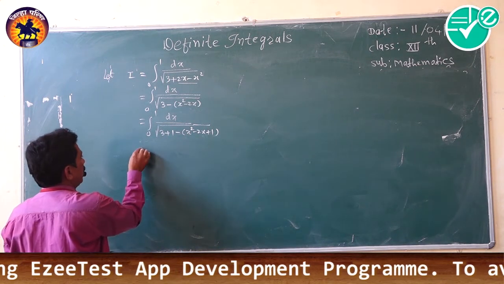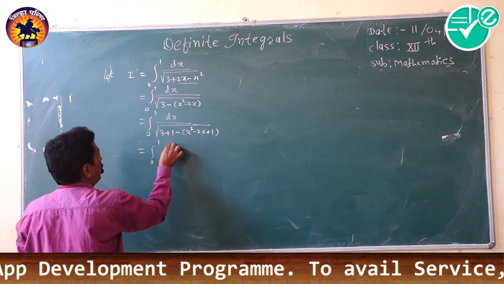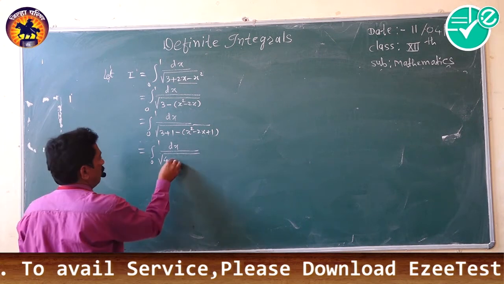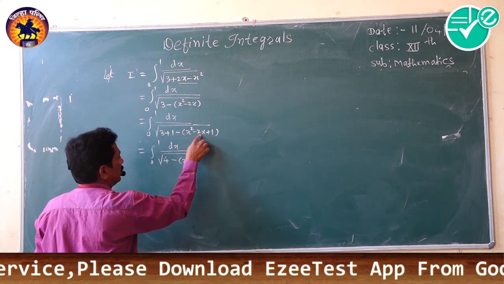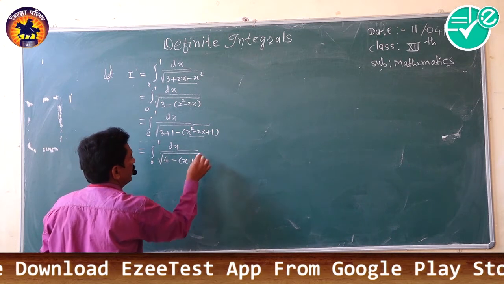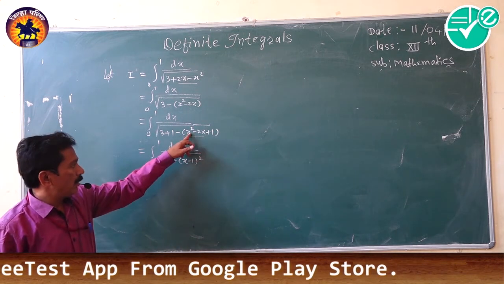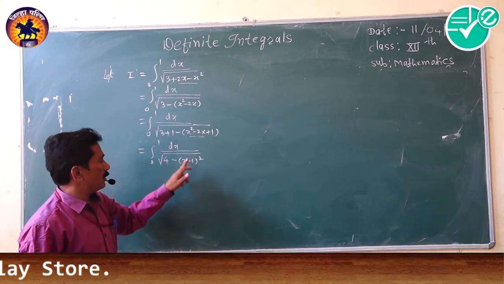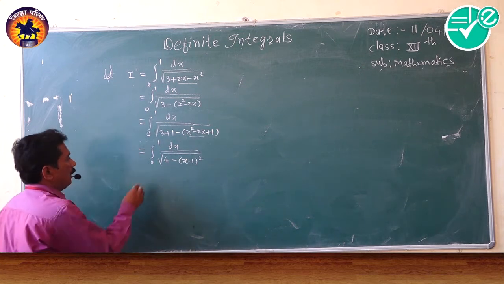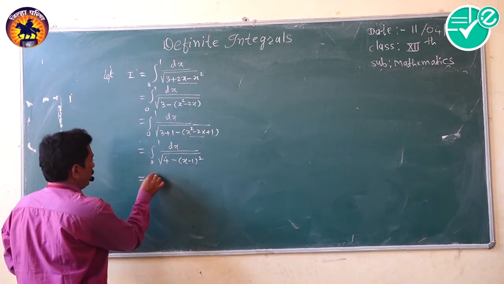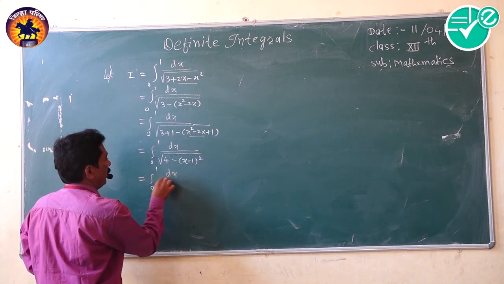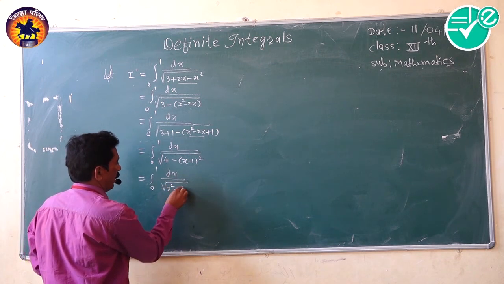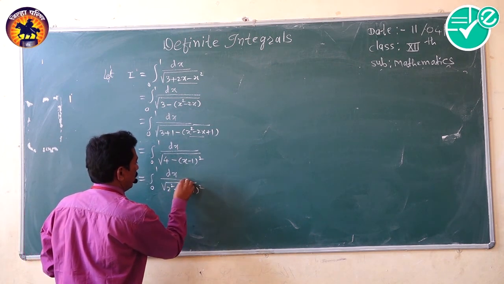It is adjusted here, that is 0 to 1 dx upon under root of 4 minus this x, this is nothing but expansion of x minus 1 bracket square, that is x square minus 2x plus 1. Now this is equal to integration from 0 to 1 dx by under root of 2 square minus x minus 1 square.